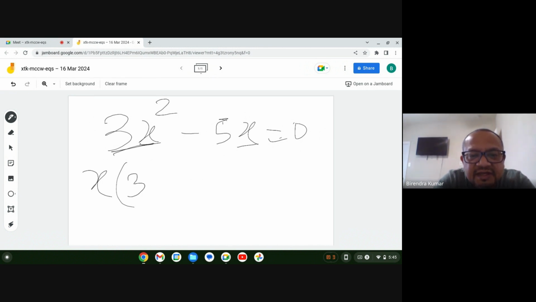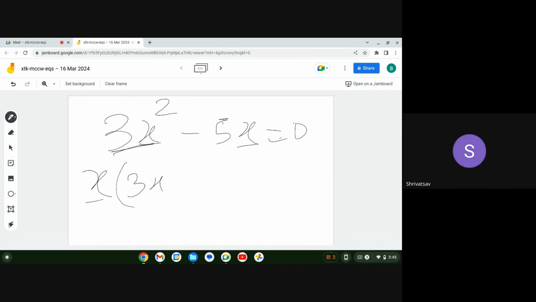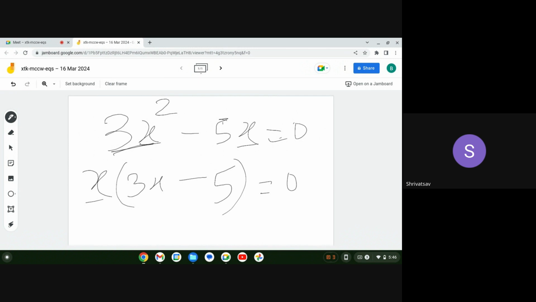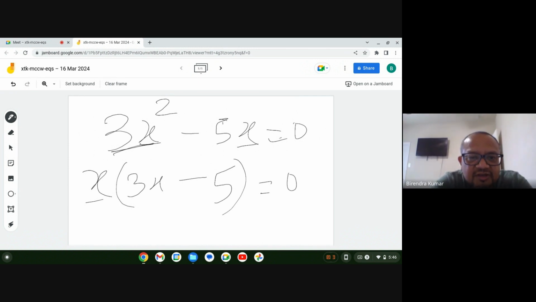It becomes 3 into x because 1x came out. Are you guys with me so far? And since I've taken x out, what is this guy left with now? 5. So I just took the x out because that was common in both things, right? So it became x into 3x minus 5.